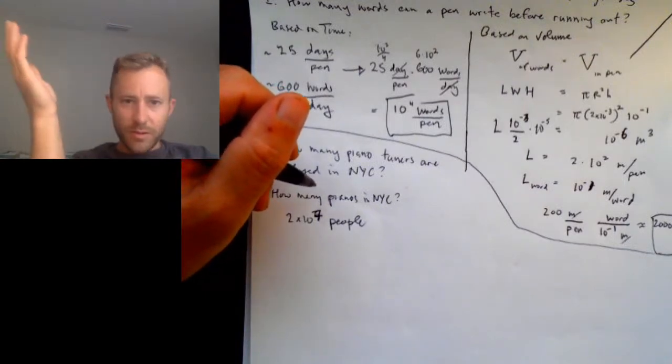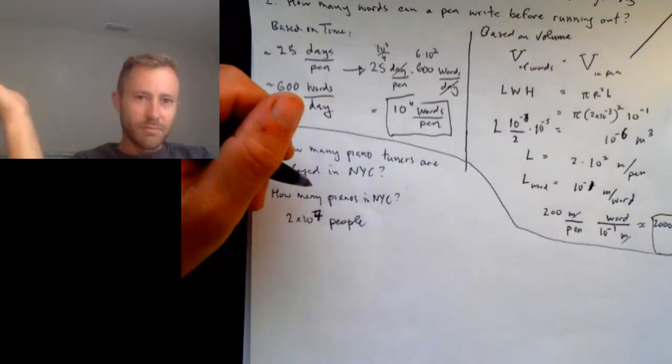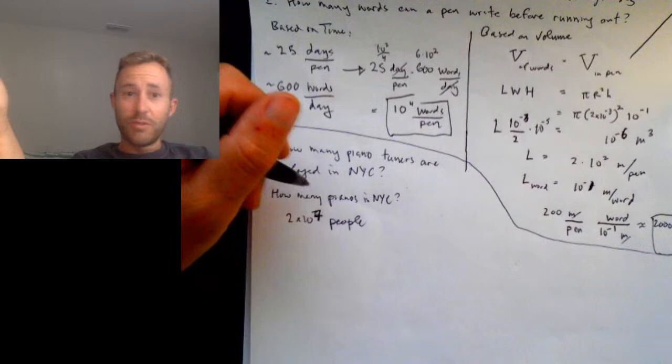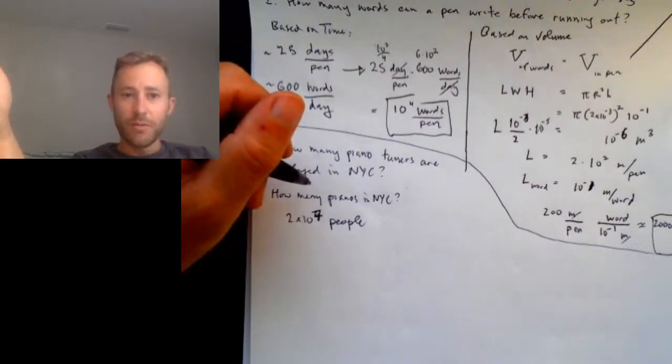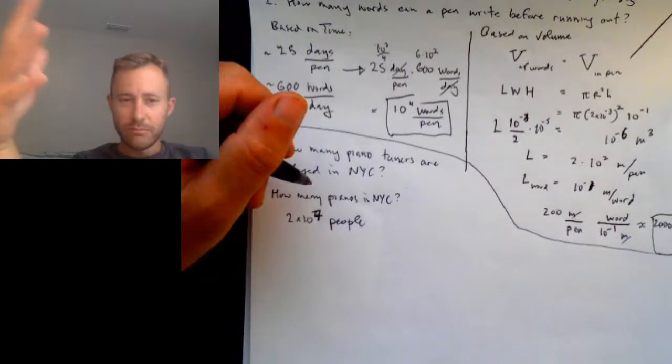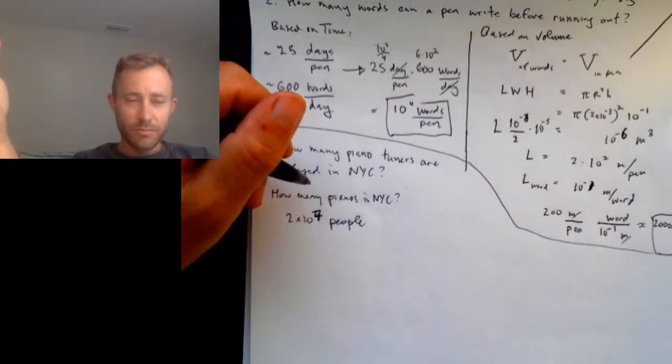People in New York are living in apartments, small apartments. I'm just going to throw out a number here, and I'm going to say that there is one piano for every 20 people in New York City. That would be roughly one piano for every 5 families. And in my experience, that's pretty accurate. About 1 out of 5 families has a piano in their house.